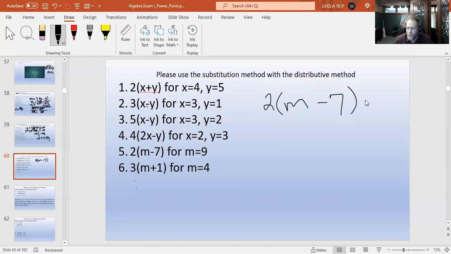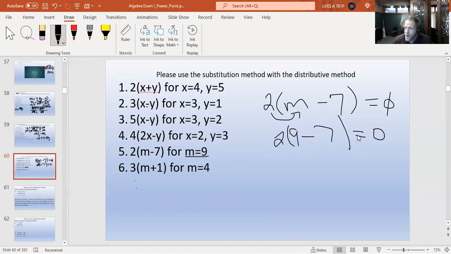Let's put that 0 or that other number on the end of that so we can continue on. 2 times M is 2M. We're substituting that M for 9. Minus 7 equals 0.